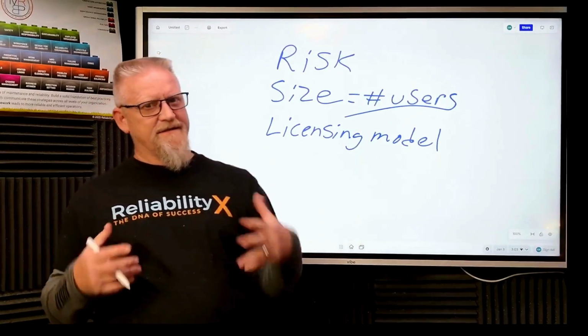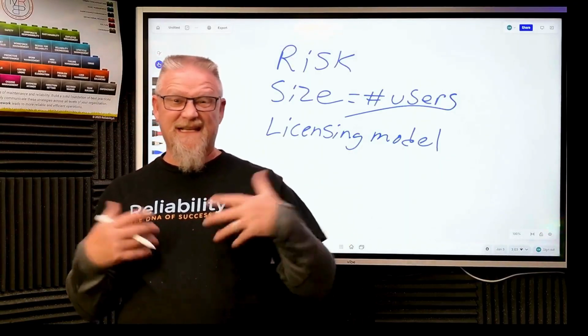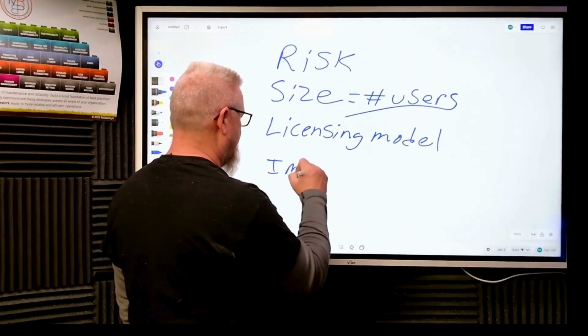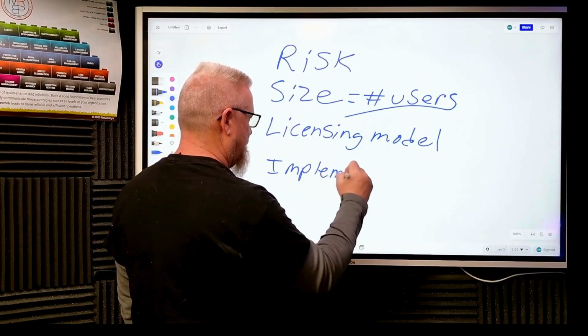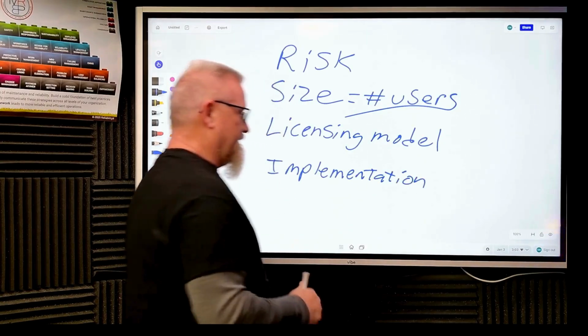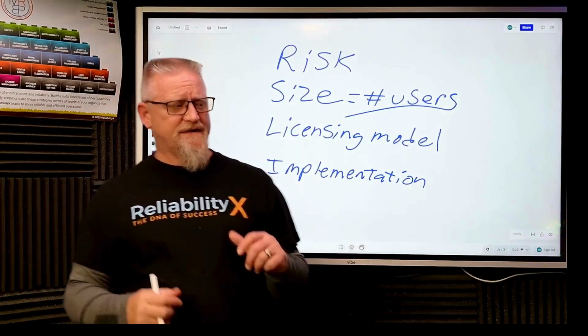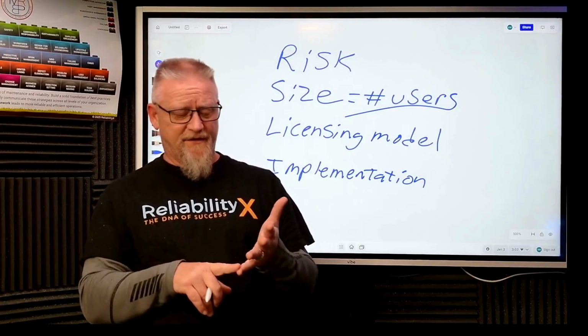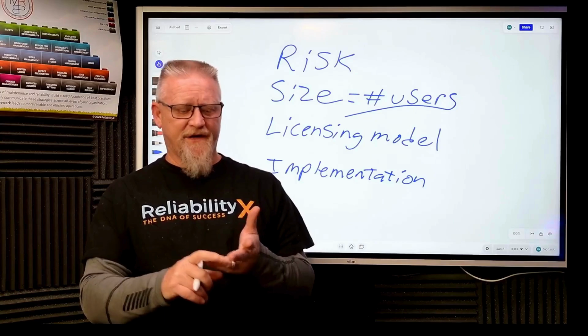The other factor to consider is the implementation cost, the initial implementation cost. And the initial implementation cost may be a quick data migration or an easy data migration, may be a very complicated data migration.